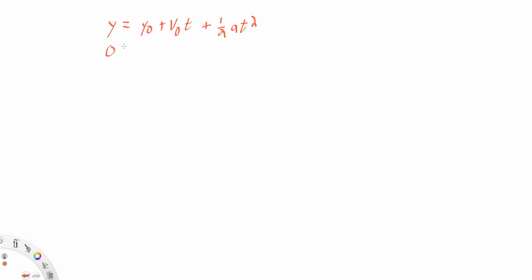So we're going to have 0 equals 300 plus 10t minus 5t squared, where the 5 is just the g over 2. So how are we going to solve for t?